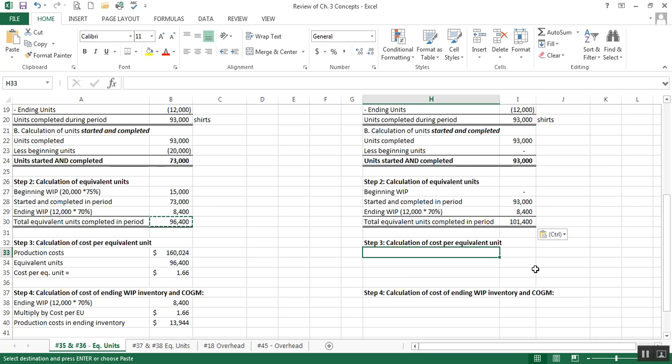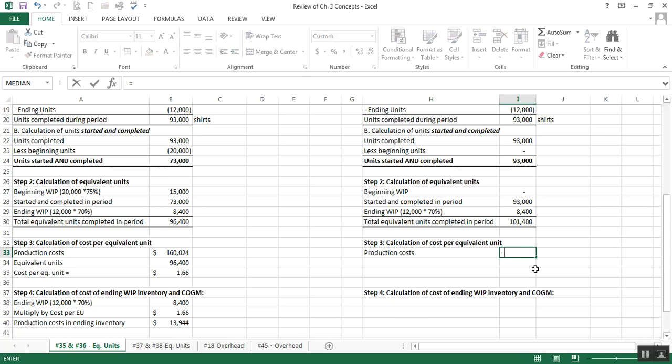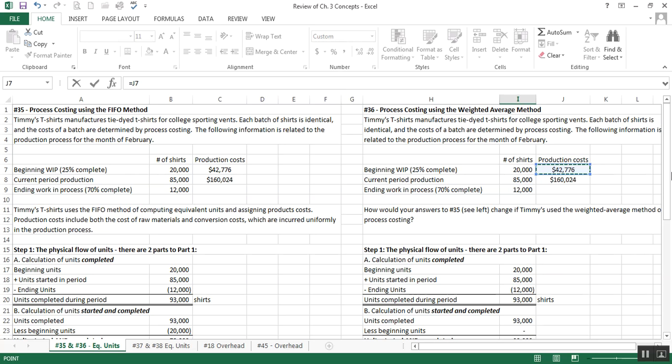Now we're going to calculate our cost per equivalent unit. Because we're assuming that the beginning units took place during the current period, we're going to look at the entire production costs. So we're going to look at the 42 plus the 160.